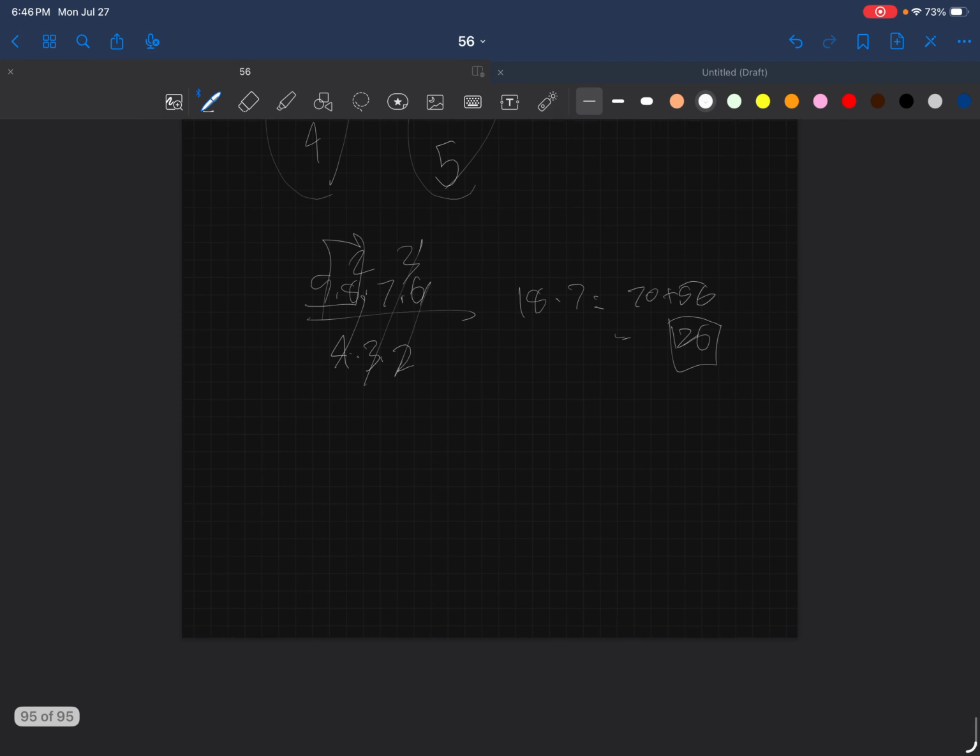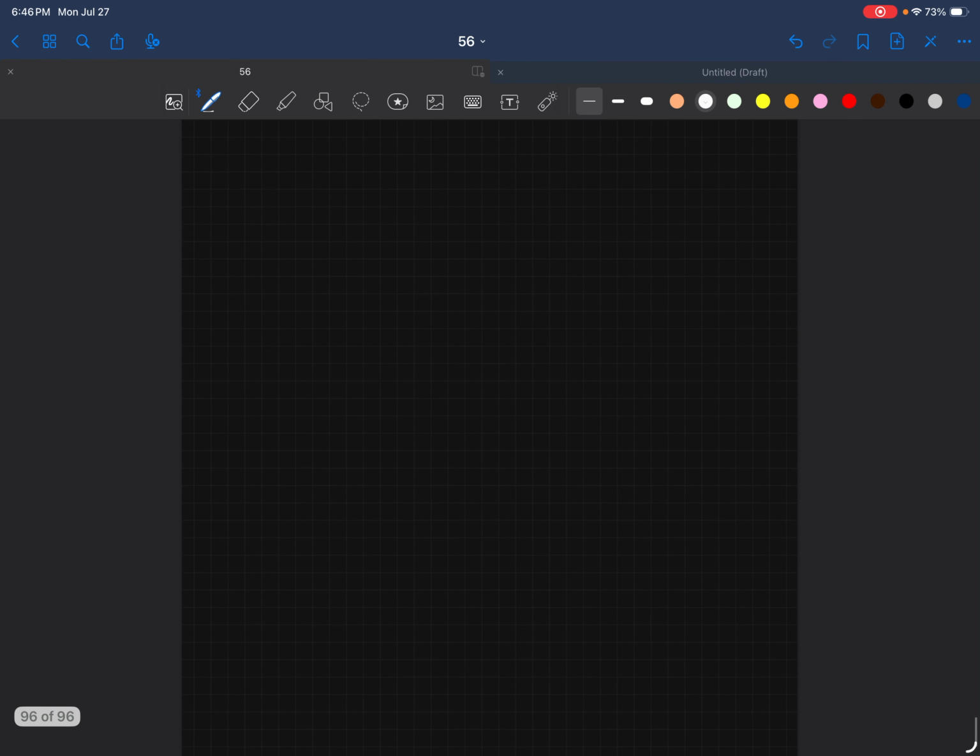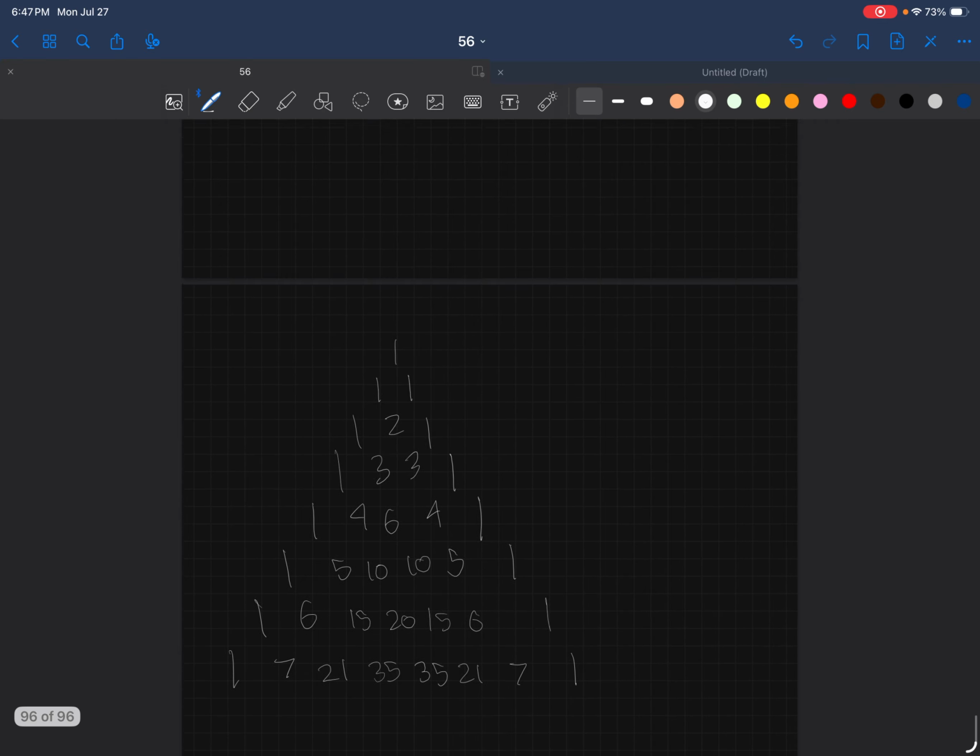Now we're going to draw Pascal's triangle really quickly. As we draw Pascal's triangle, we start finding some cool things.